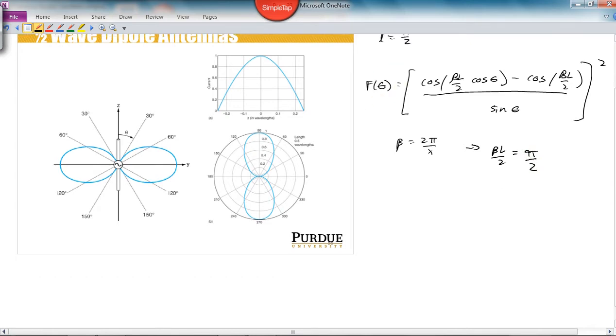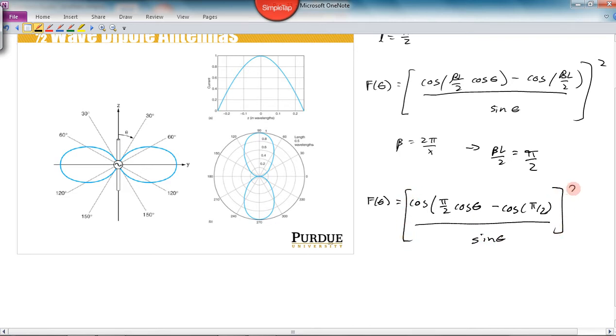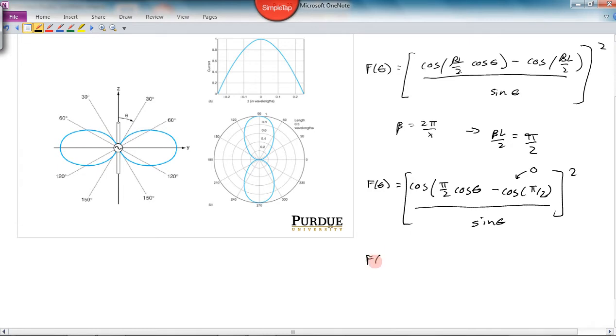So if we just make the antenna length lambda over 2, the pattern function will reduce to cosine of pi over 2 cosine of theta minus cosine of pi over 2, all over sine of theta.